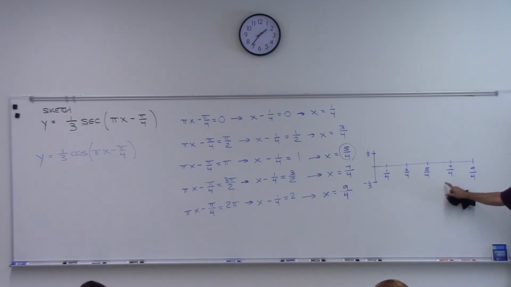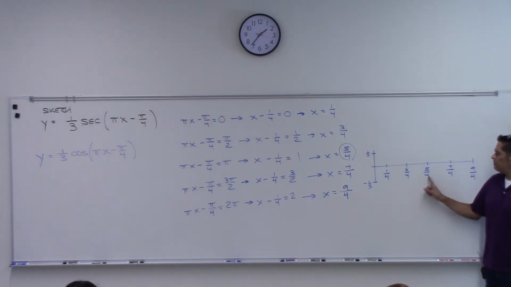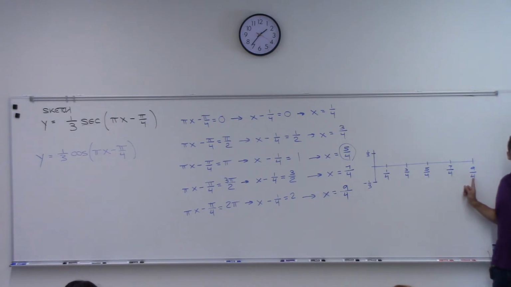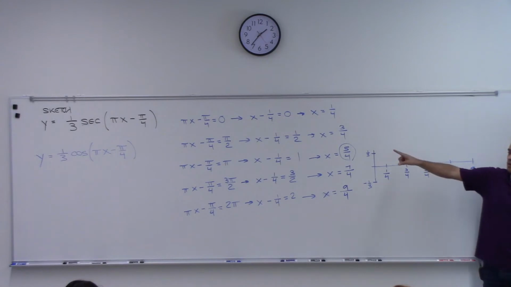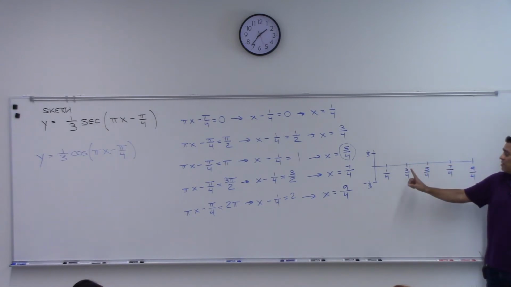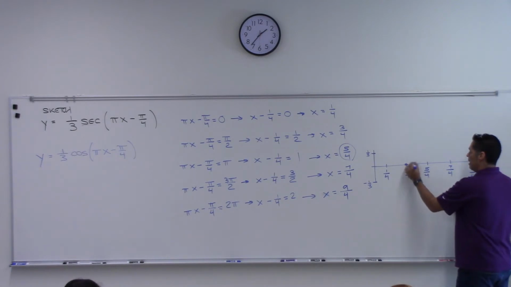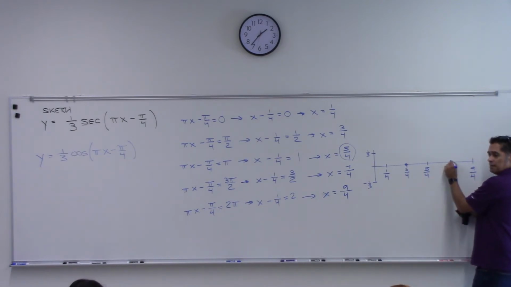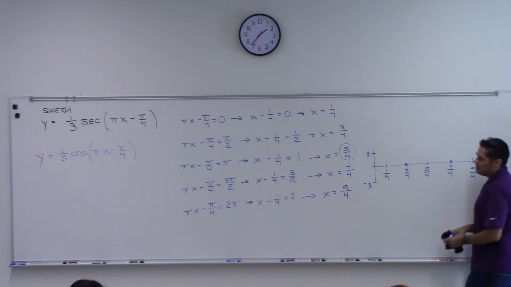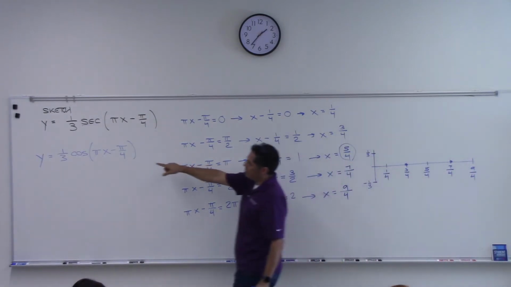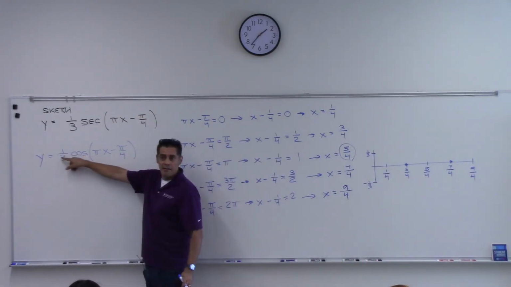At 1/4? 5/4? 9/4? That's if it were a sine function, right? Remember, it's a cosine, right? So it actually is going to be at the quarter mark, which is 3/4 and 7/4, right? And then did this cosine function get flipped? No, right? It's positive 1/3.